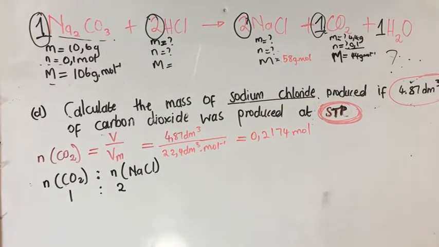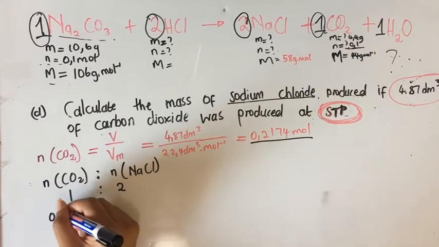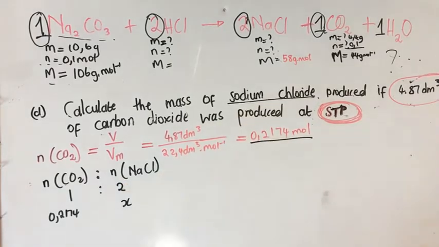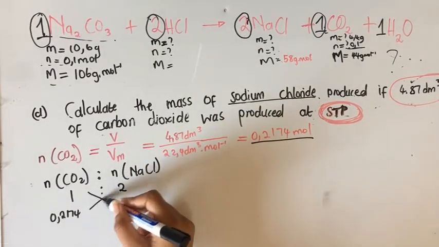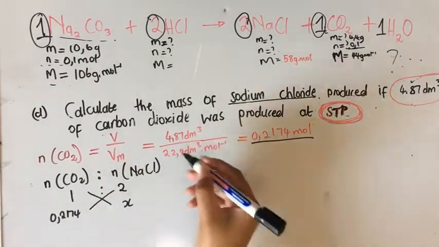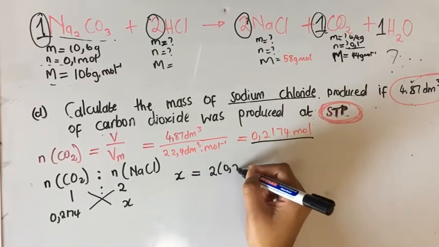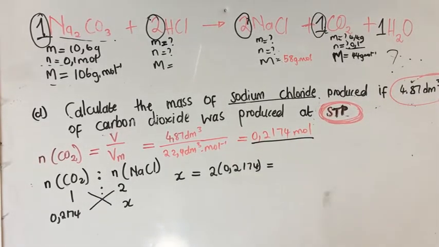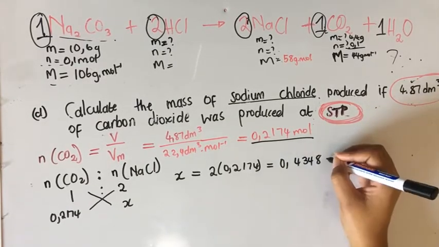Now the number of moles of carbon dioxide at STP we calculated is 0.2174, and here we have x, right? So cross multiply. x multiplied by 1 is x, which is equals to 2 multiplied by 0.2174. So the total is 0.4348 mole.